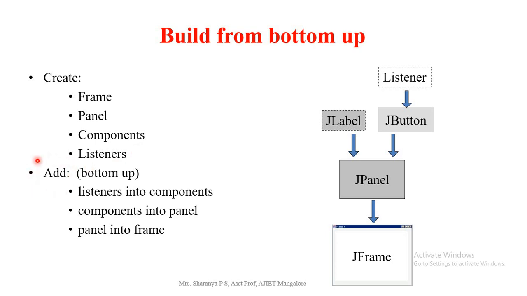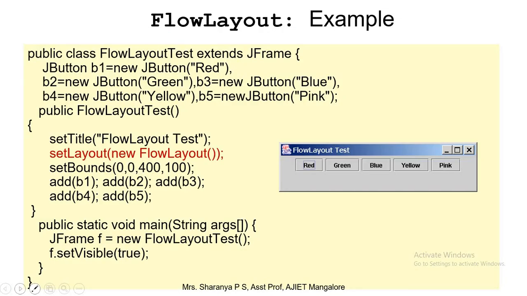Listeners need to be added onto the components, components need to be added onto the panel, and the panel needs to be added onto the frame. That is, here it will just create all the different components, and the next step is adding or binding all these components together to make them display or visible to the user.